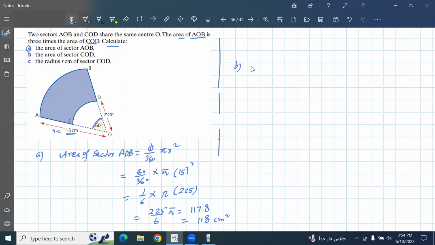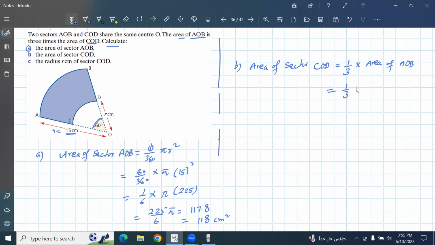It means the area of sector COD is 3 times lesser, or 1/3 times the area of sector AOB. In other words, the area of AOB is 3 times the area of sector COD.